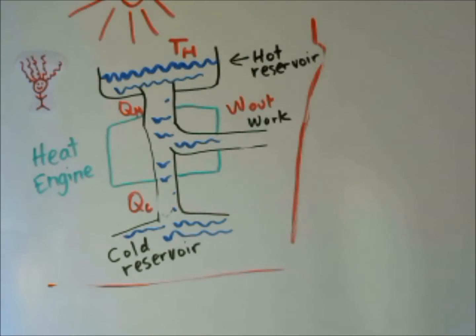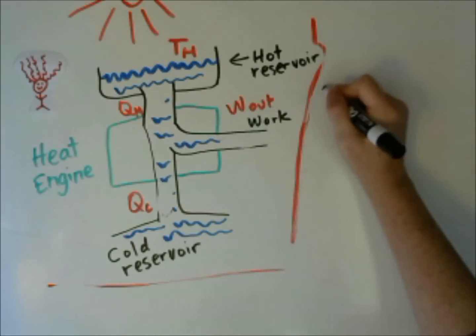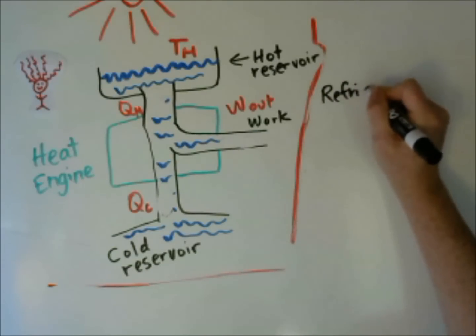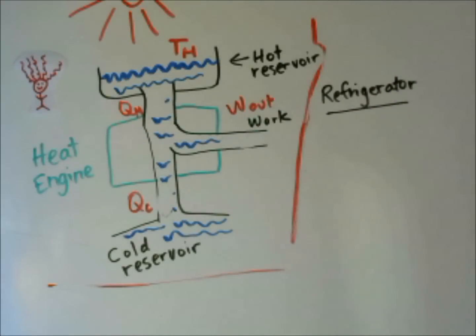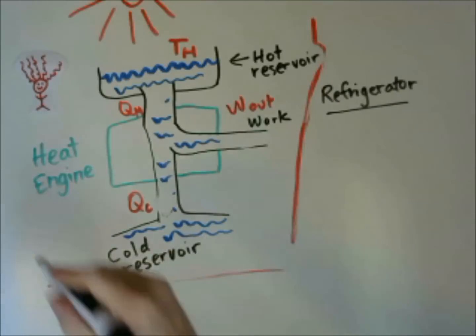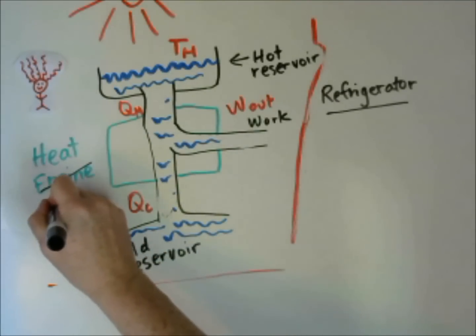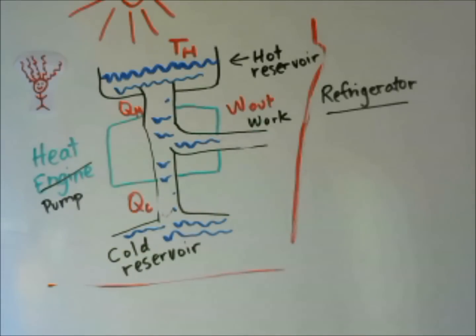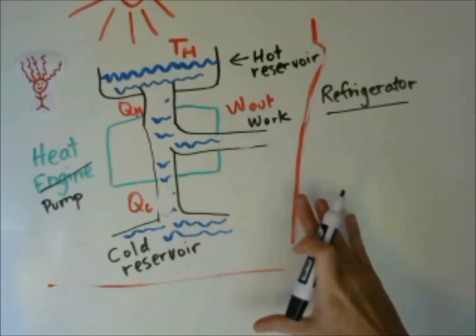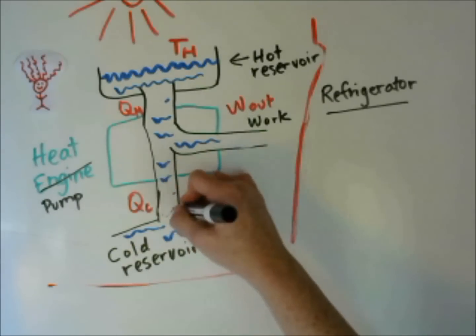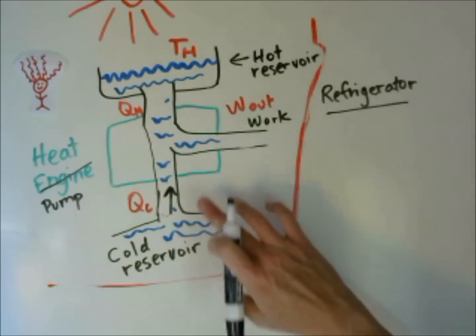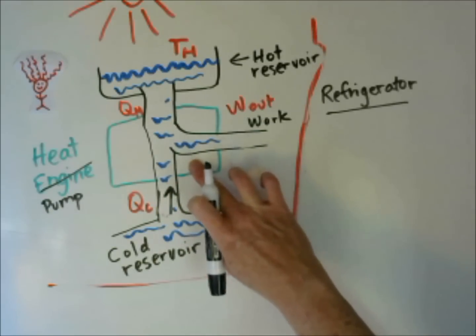I just want to talk about one other example. What about a refrigerator? A refrigerator is similar to a heat engine, but it's called a heat pump. The difference is, for a refrigerator, we want to move the heat out of our cold reservoir into the hot reservoir. So the layout is the same, but the direction of the arrows is different. Heat from the cold reservoir is actually going to go into the heat engine, which is the back of our refrigerator.